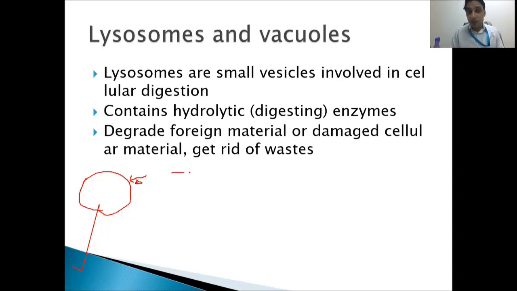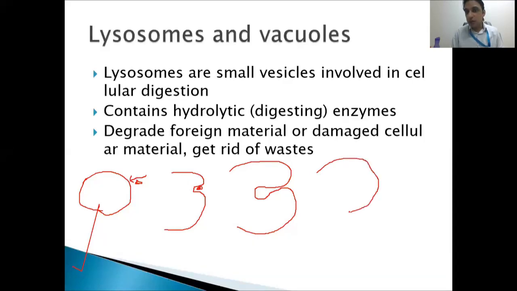The cell membrane moves inward like this. So this is the food material. When it touches, the cell membrane invaginates. This invagination grows, the inward movement grows further, and eventually makes an independent vesicle within the cell, enclosing that food material.